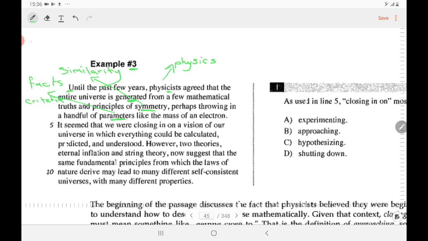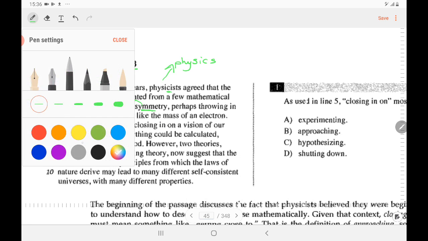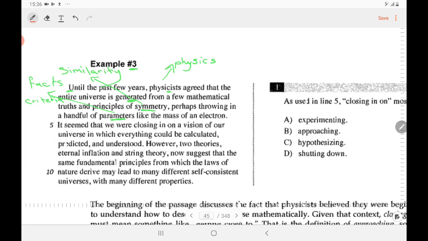Okay, let's paraphrase this sentence. It says that physicists agreed, it's important to know that they agreed, that the entire universe is generated or developed from few mathematical truths. You can understand the whole universe depending upon truths or facts or math.